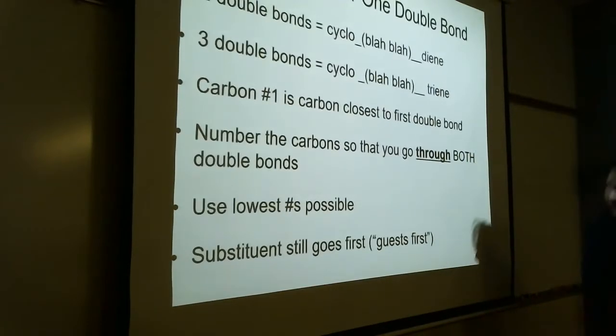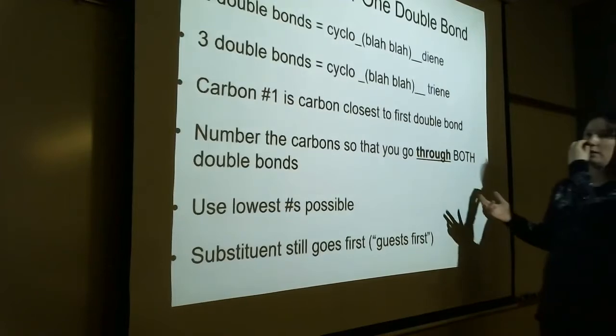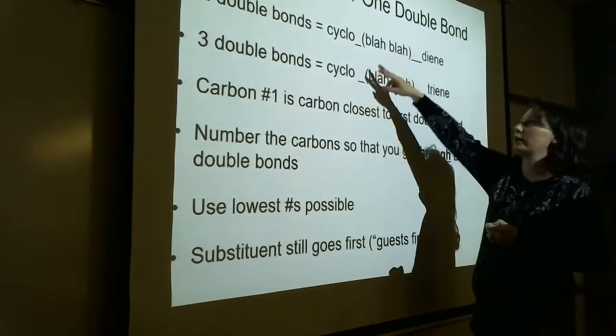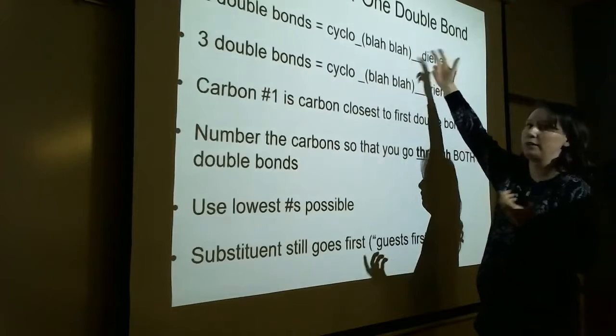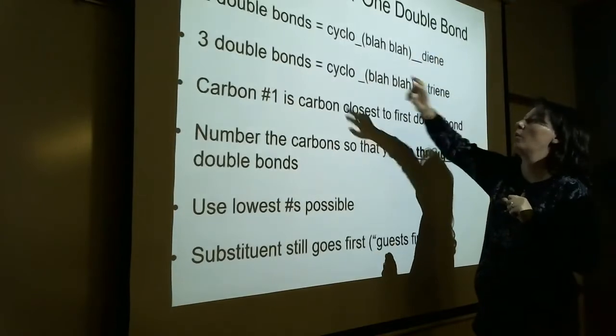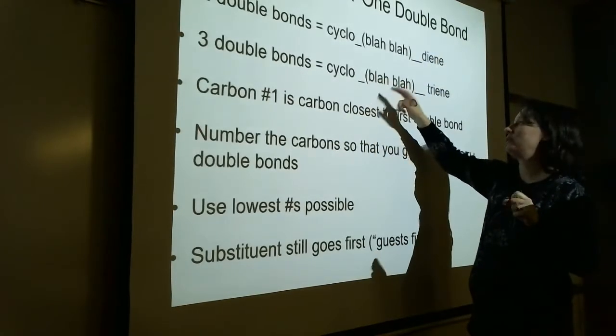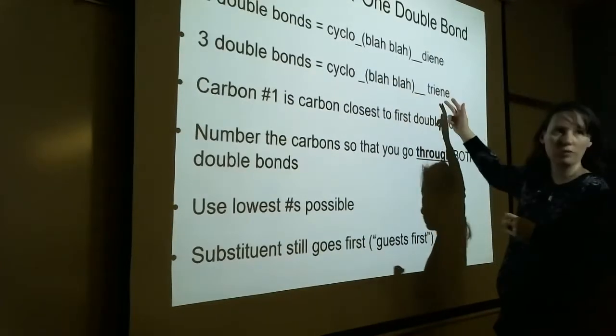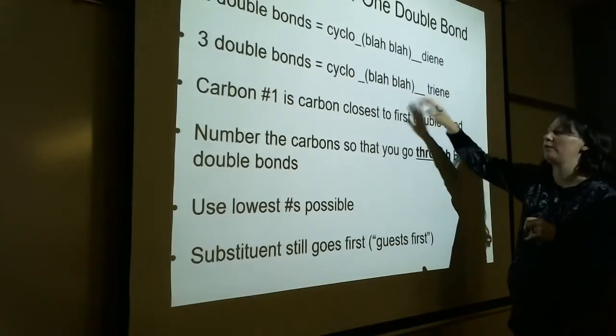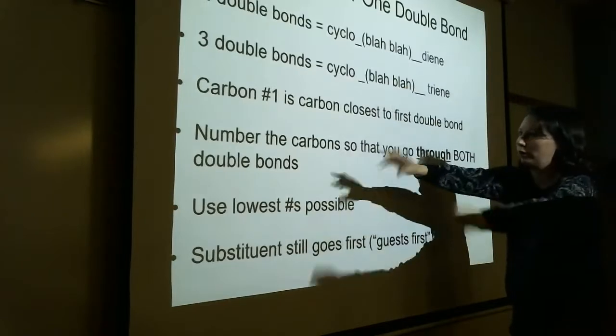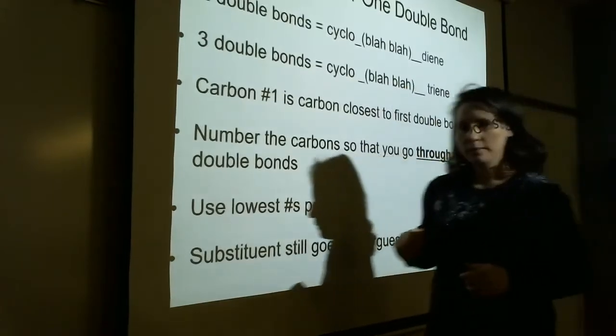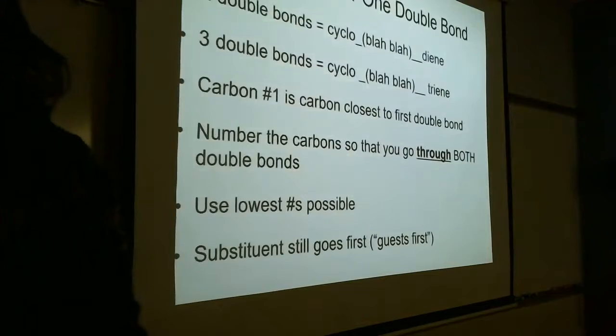So if we have 2 double bonds, for instance, it would be 1,3-cycloheptadiene or 1,3,5-cycloheptatriene. Okay? And then if there were any substituents, they'd go in front of all that. Makes sense?